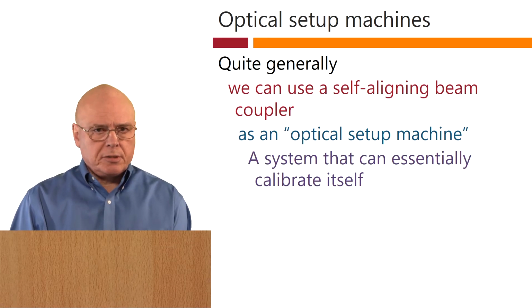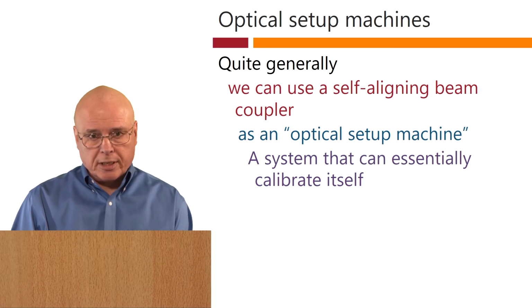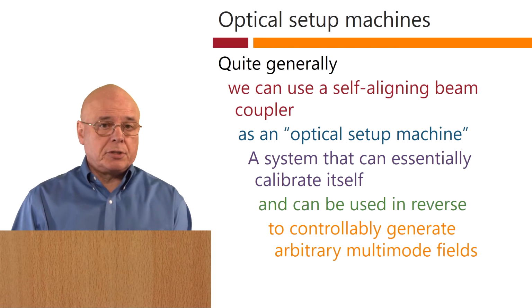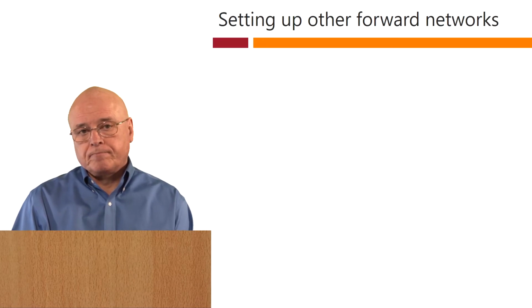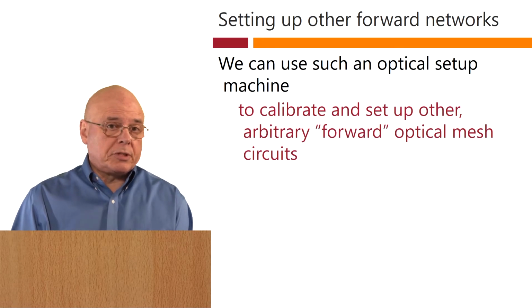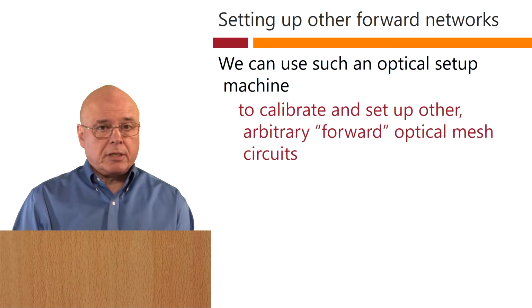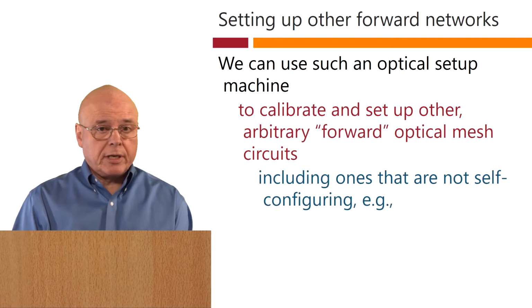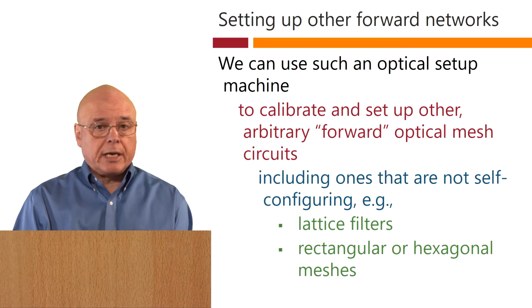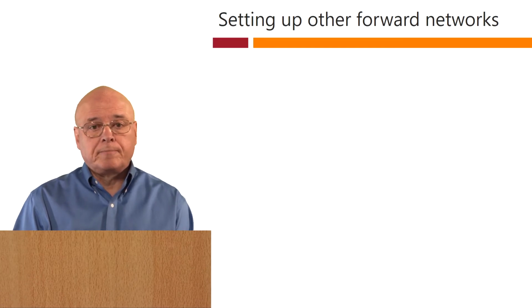That is, a system that can essentially calibrate itself and can be used in reverse to controllably generate arbitrary multimode fields. We can use such an optical setup machine to calibrate and set up other arbitrary forward optical mesh circuits, including ones that are not self-configuring, such as lattice filters and rectangular or hexagonal meshes.